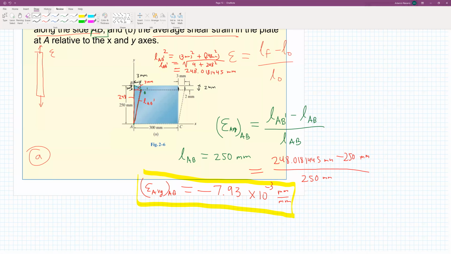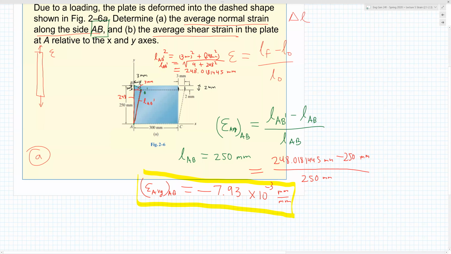Let me redraw the red triangle so it's easier to see. The red triangle that we created is a custom one where this is 3 millimeters, this is 248.